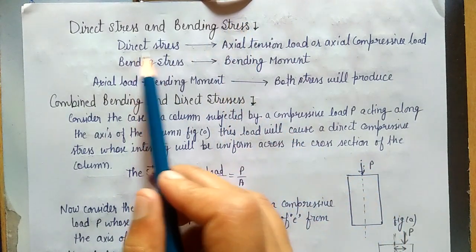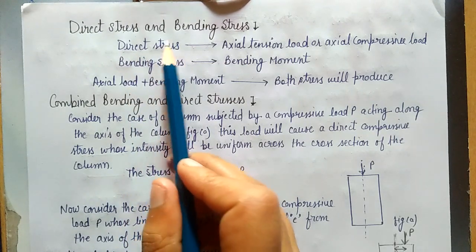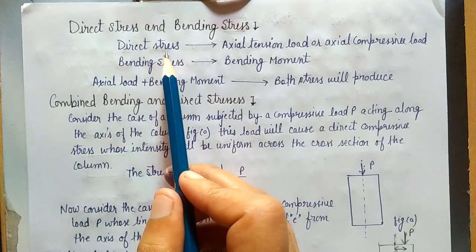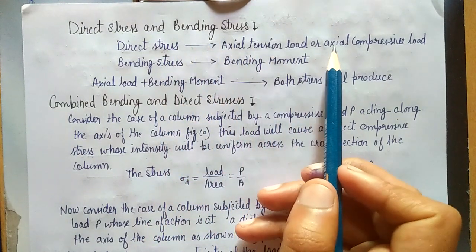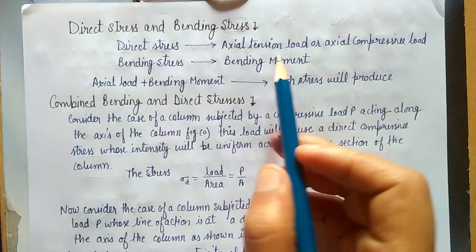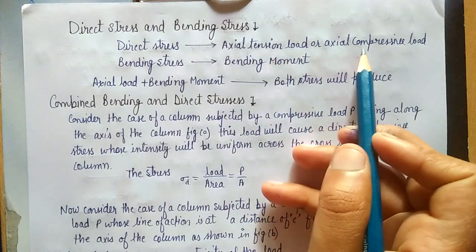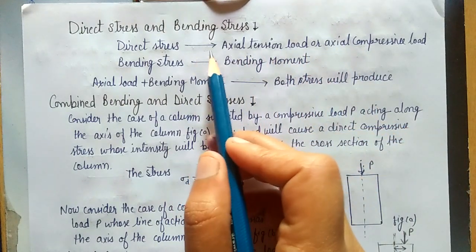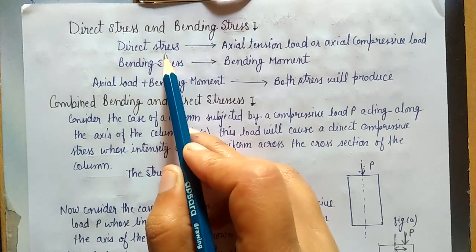So what is direct stress? Direct stress comes out in a member due to an axial tensile load or an axial compressive load, right? When a beam is subjected to axial tension or axial compression, the member resists, and in the form of resistance it generates the direct stress.